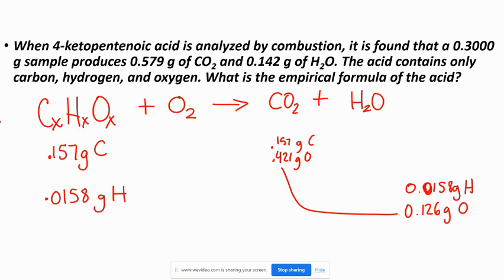So I got 0.421 plus 0.126. I got 0.547 here. Did I do these right? I don't know. Oh, yeah, 5, 4, 7. Yeah, 0.547.